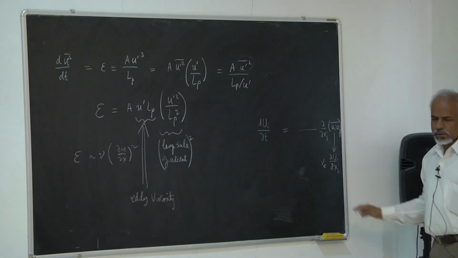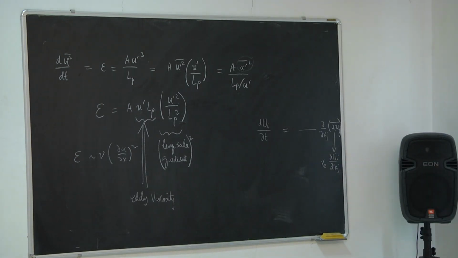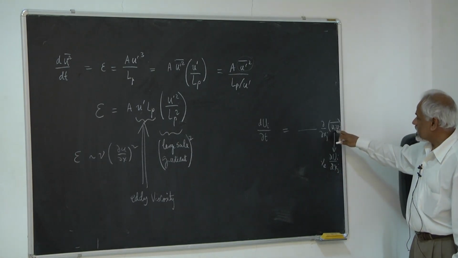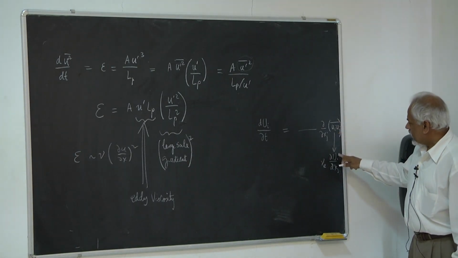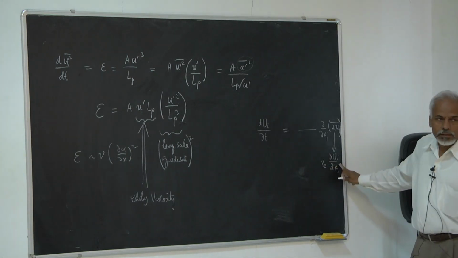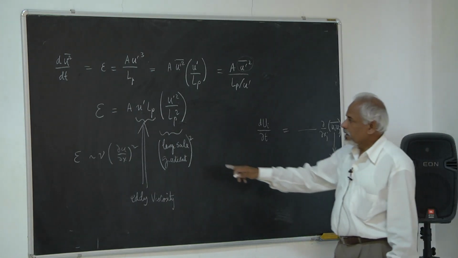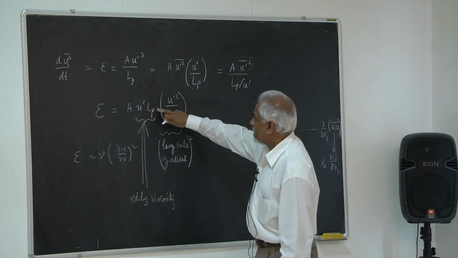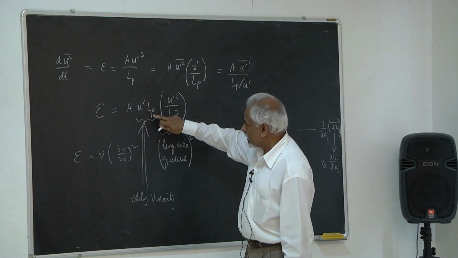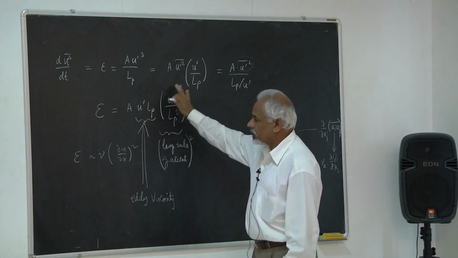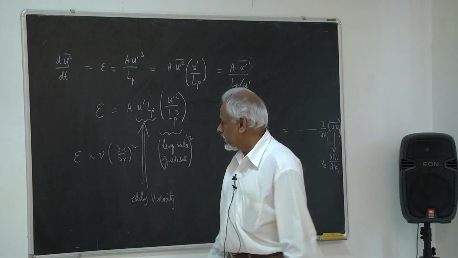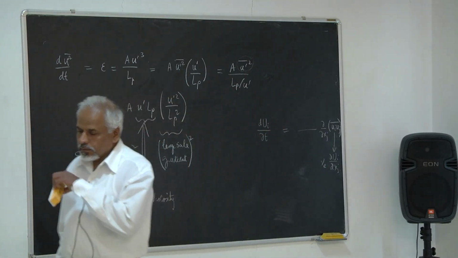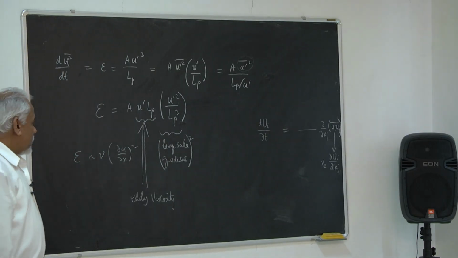I need a tensorial thing to make it correct, but never mind. So I said this will be an effective viscosity. So basically, you're replacing the turbulent transport by an effective viscosity times a mean velocity gradient. The idea is exactly the same. In a different way, you're replacing the viscosity that you might have had if you're taking the right gradients into account. Instead of the real viscosity, you use this thing called eddy viscosity.